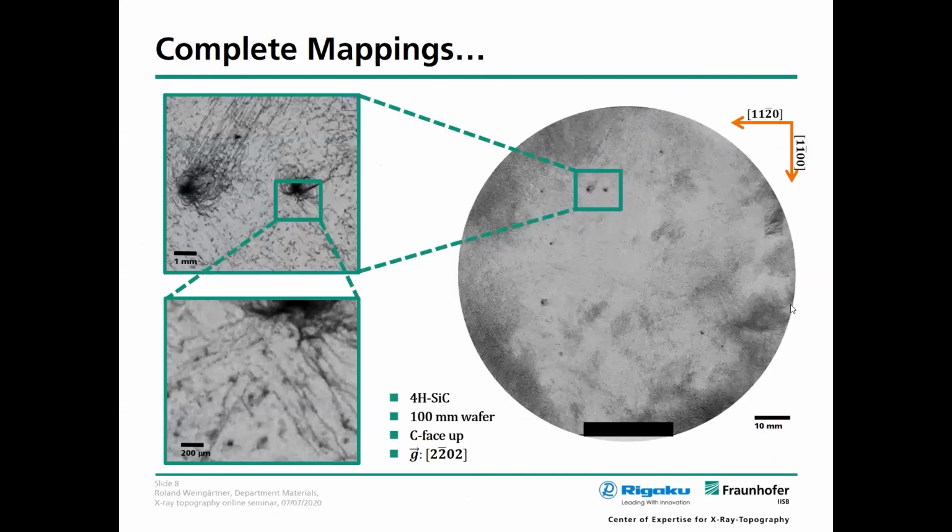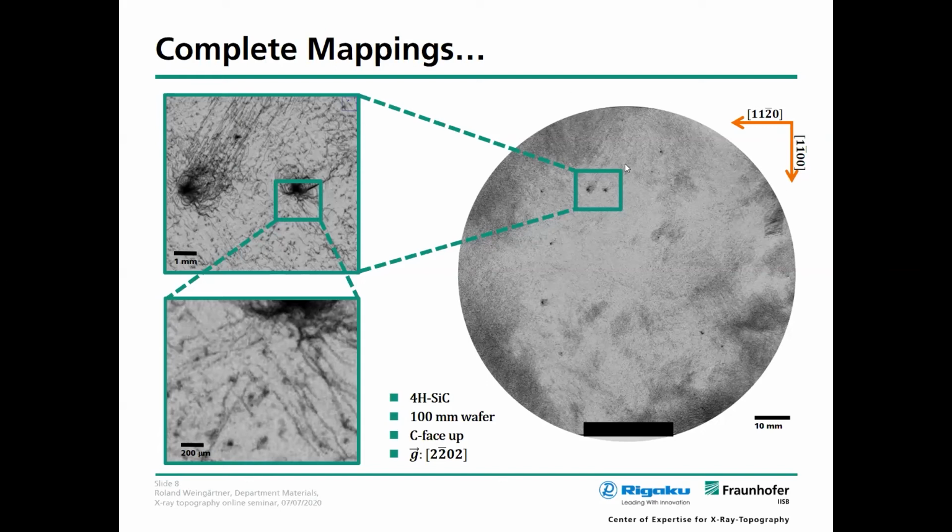Okay, so what do I mean with complete mappings? Please note, this is a 100 millimeter 4H silicon carbide wafer in transmission measurement. Complete mapping means that in the topograph, we can zoom and use the full potential of the resolution of the CCD camera.